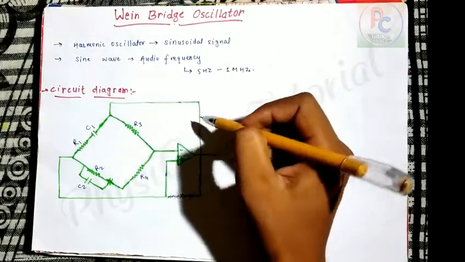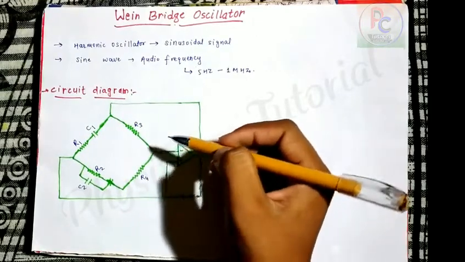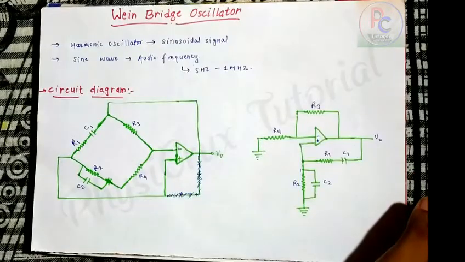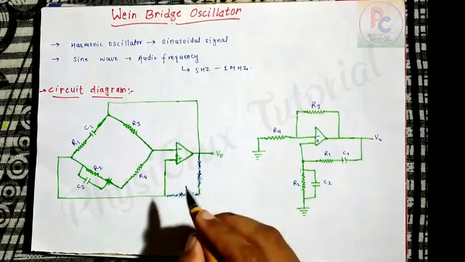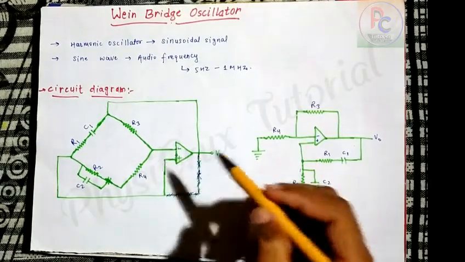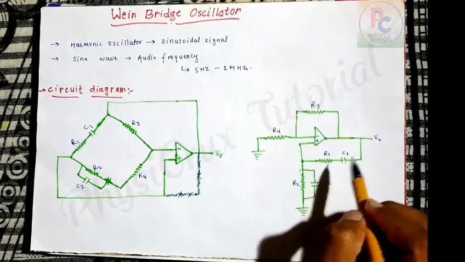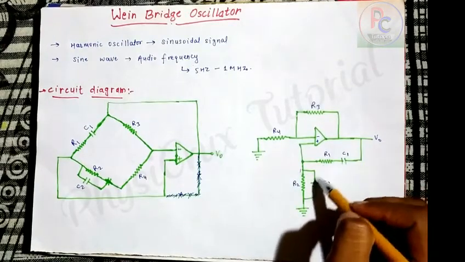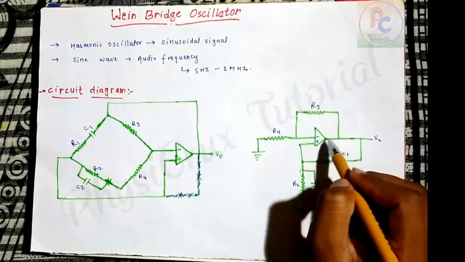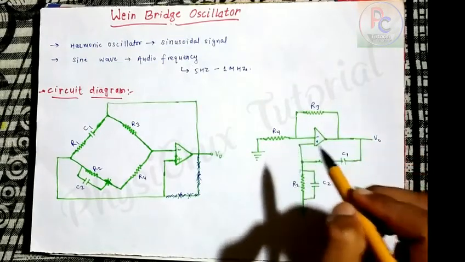To understand the operation of the Wein-Bridge oscillator, we redraw this circuit in another way. Here the input of the op-amp is connected to the output of the RC networks and the output of the op-amp is connected to the other part of the feedback circuit.